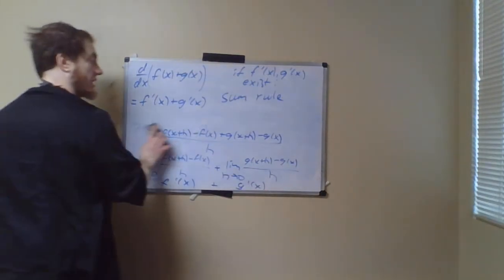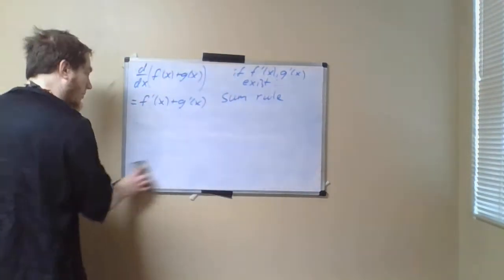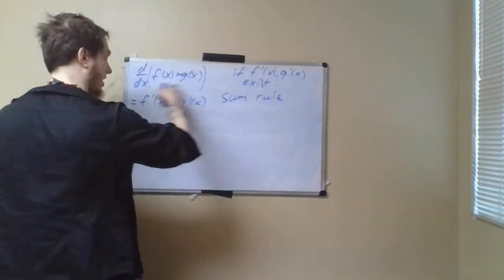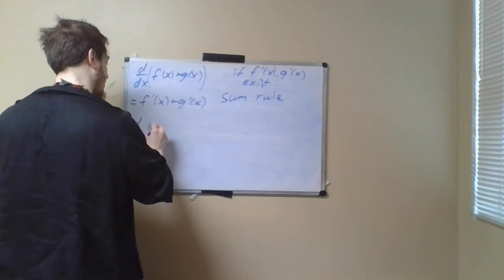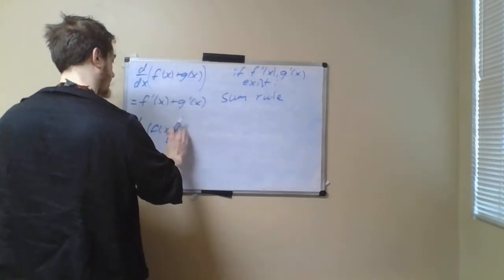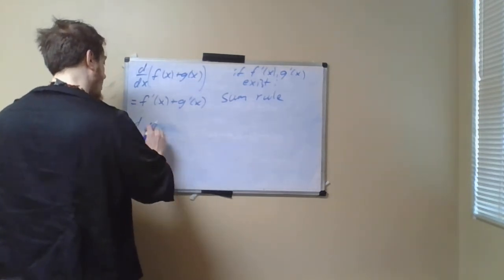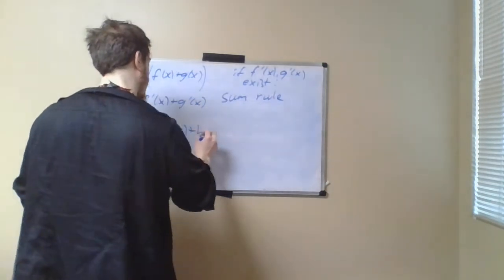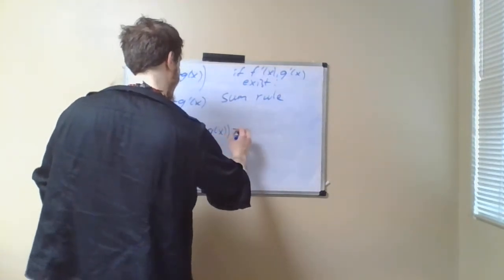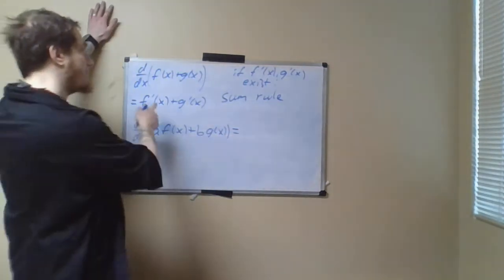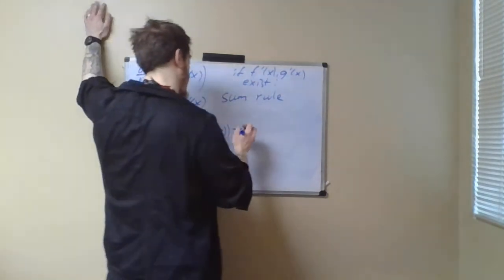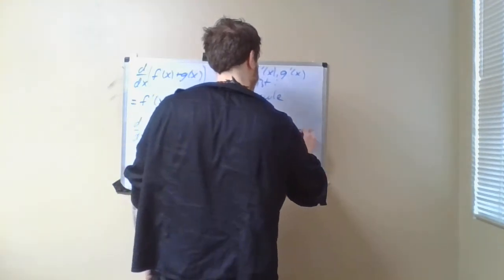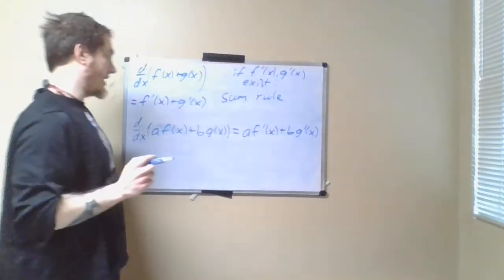All right, so there is one more variation on this sum rule that we can mention here. If f prime and g prime both exist, the derivative of a times f of x plus b times g of x, using the rules that we have here, assuming that these derivatives exist, is just going to be equal to a times f prime of x plus b times g prime of x.